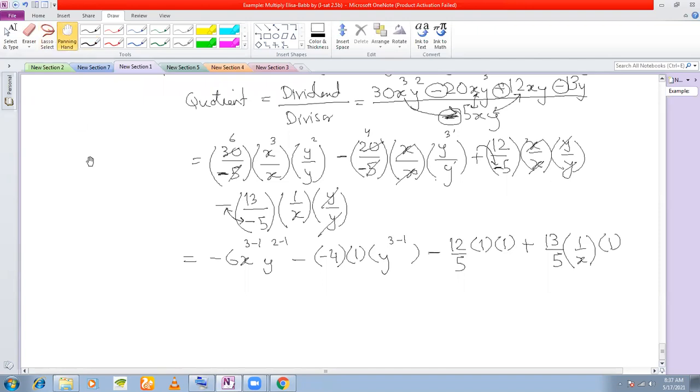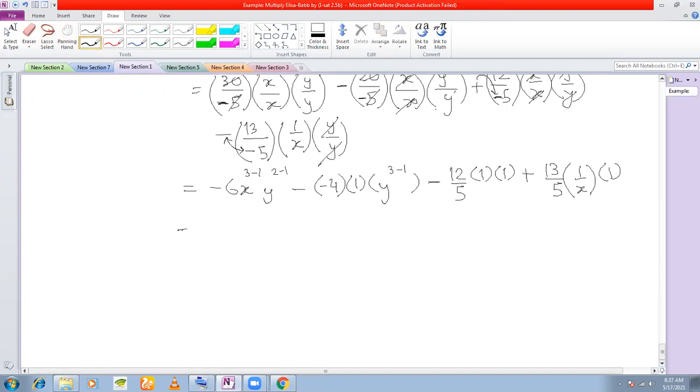Okay, so now we simplify this, we get minus 6x square y. These two minus signs are going to combine to give you a plus sign. 4 into y square minus 12 by 5, and you have plus 13 by 5x. And that is your answer.